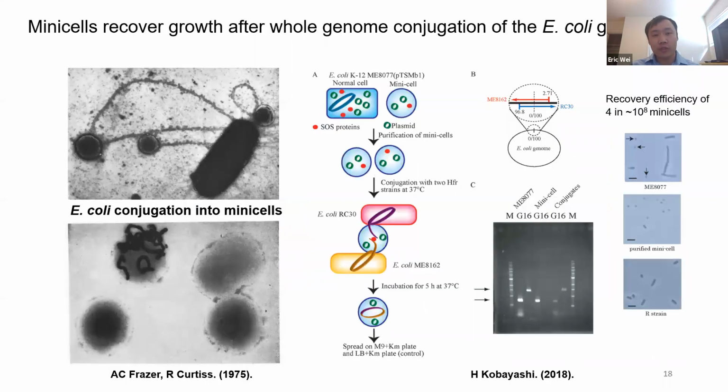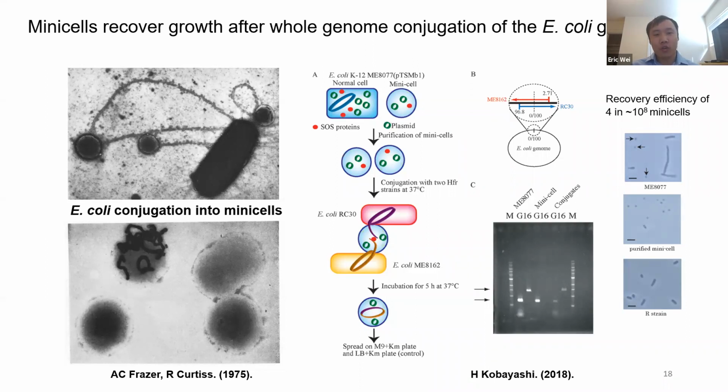And taking this into account, there was a lot of work done previously to study how E. coli conjugation works and how that functions in minicells. They were able to show that you can get genomic and plasmid DNA into minicells using conjugation.